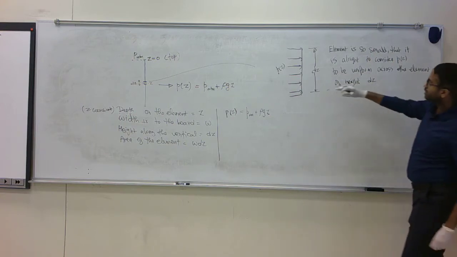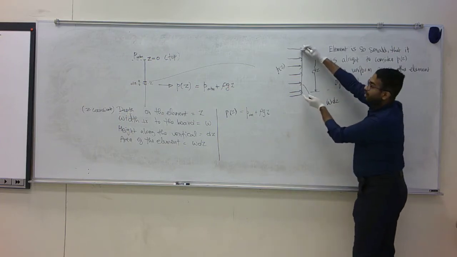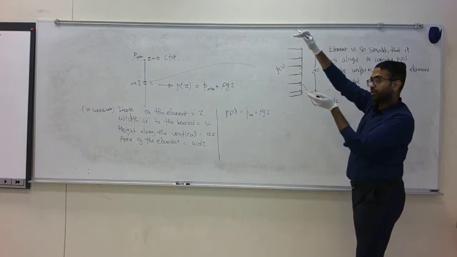Okay, and now what's the area of this element? The area of this element is w times dz. Remember, this sticks out of the board of width w.